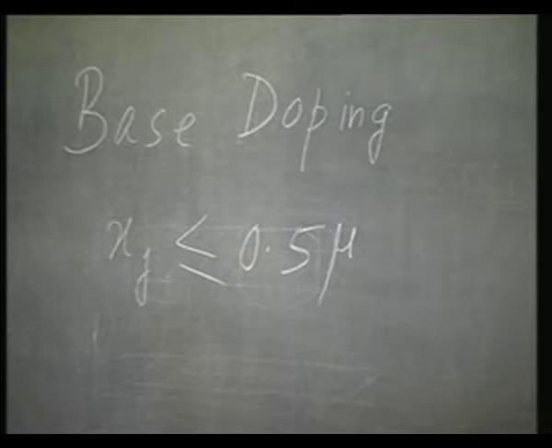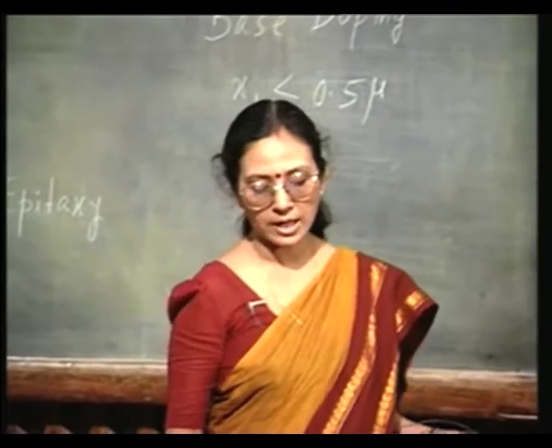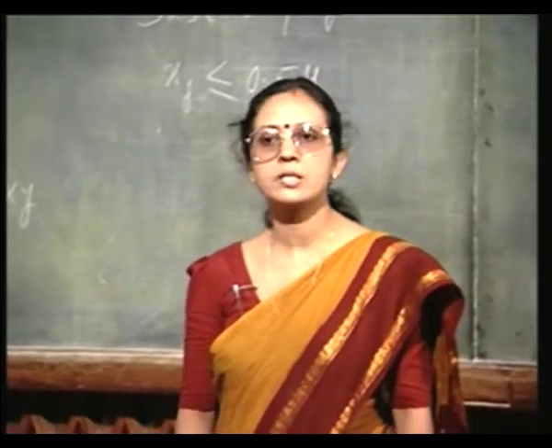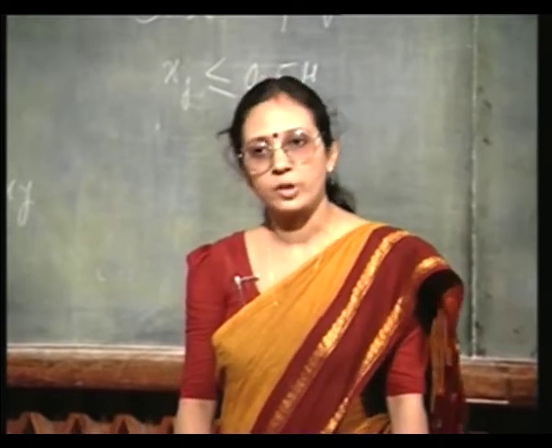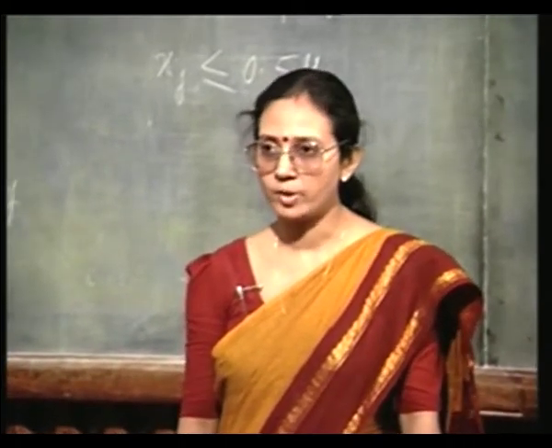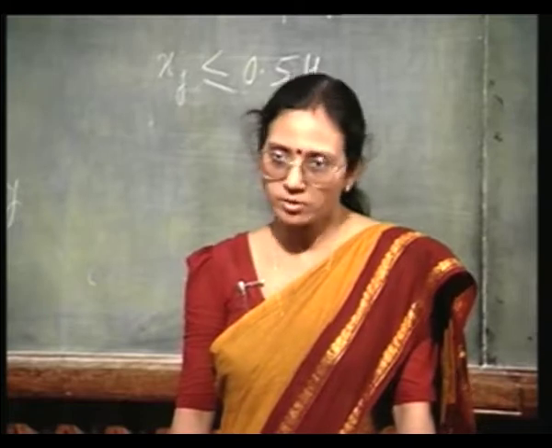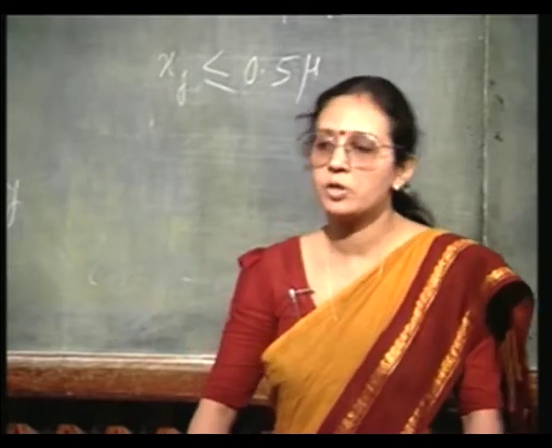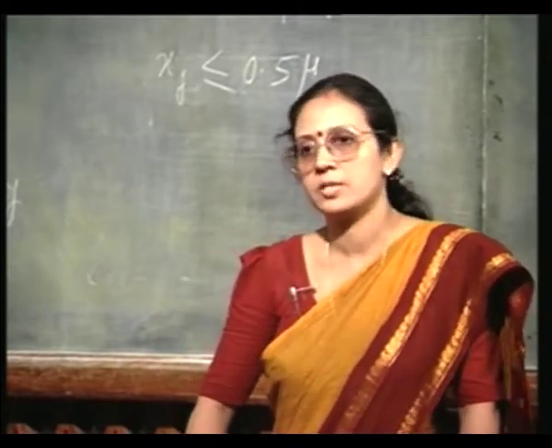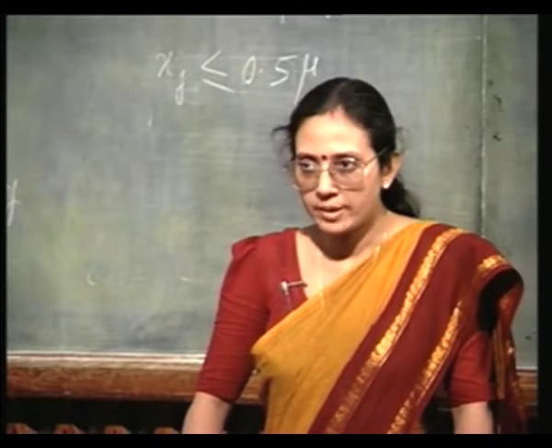But we are still not talking about a really very shallow junction. We are just talking about Xj slightly less than 0.5 micron, around 0.4 micron, 0.35 micron, something like that.